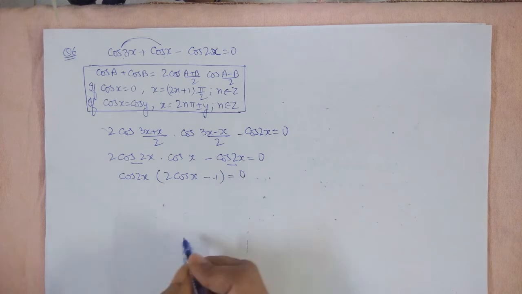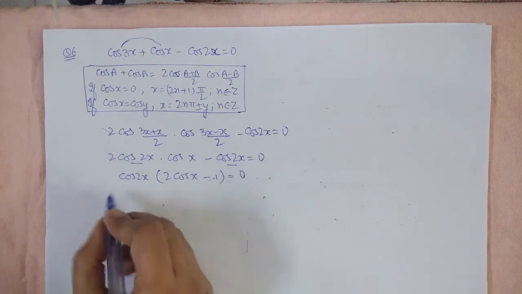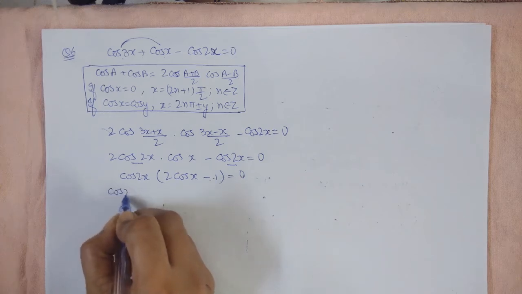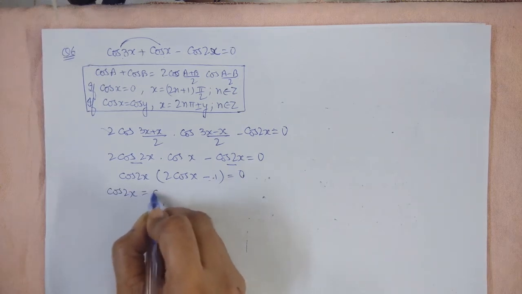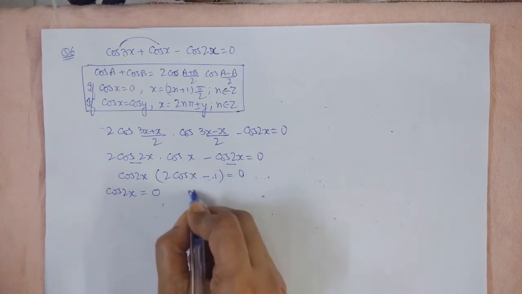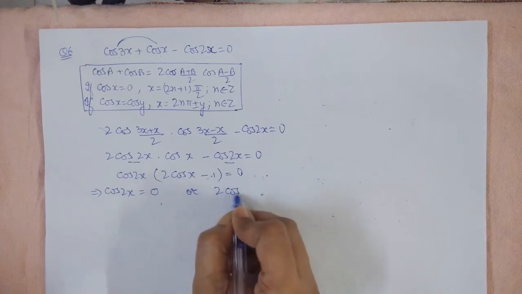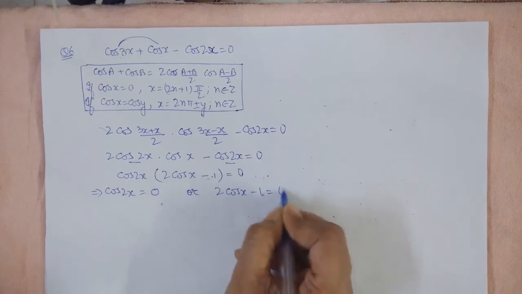So what does it mean? Either this equals 0 or this equals 0. This concept you did in your 9th class as well as 10th class. So cos 2x equals 0 or 2 cos x minus 1 equals 0.